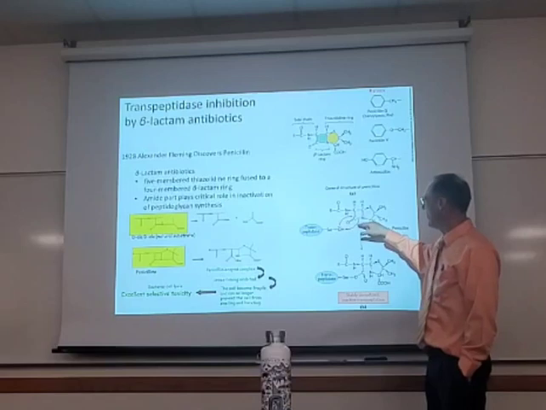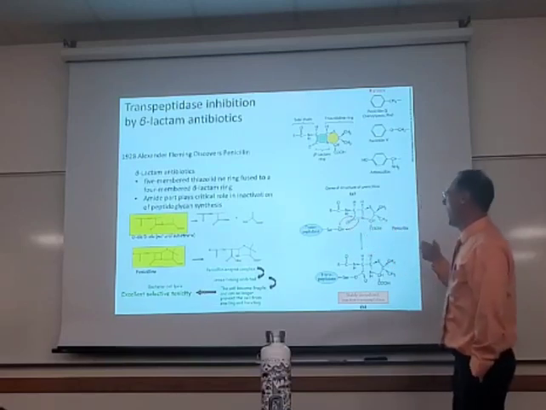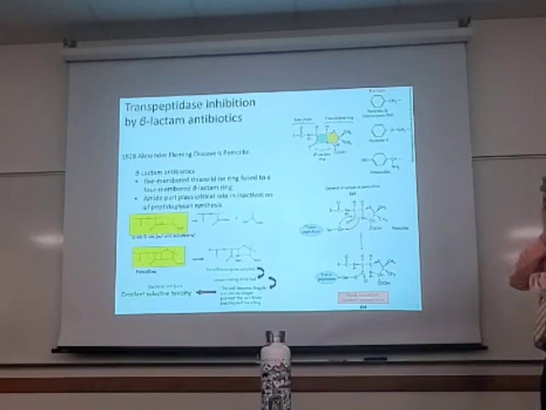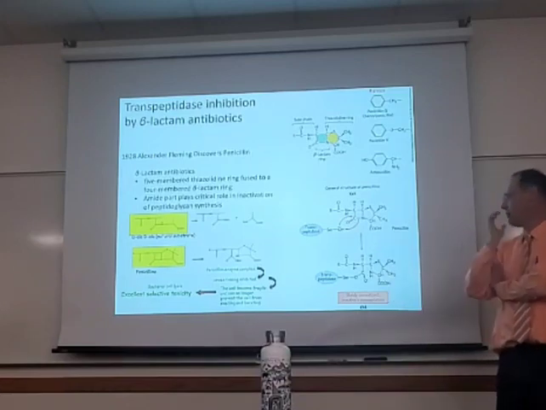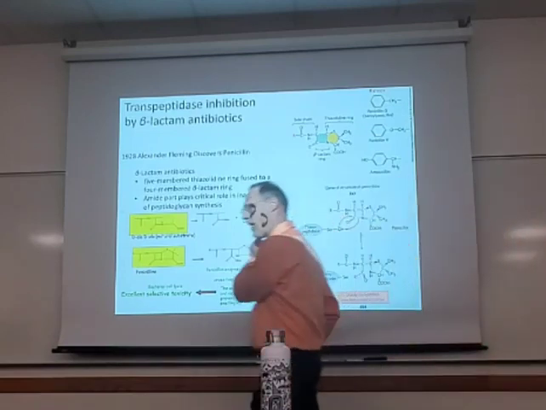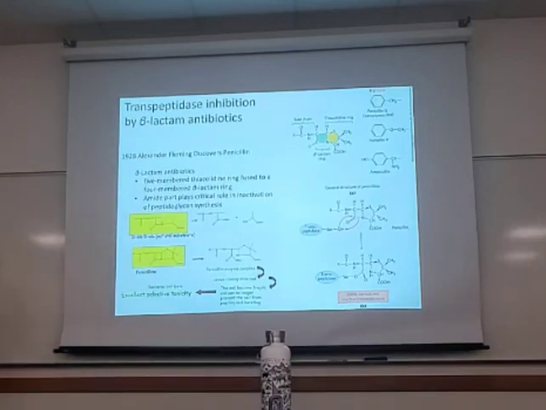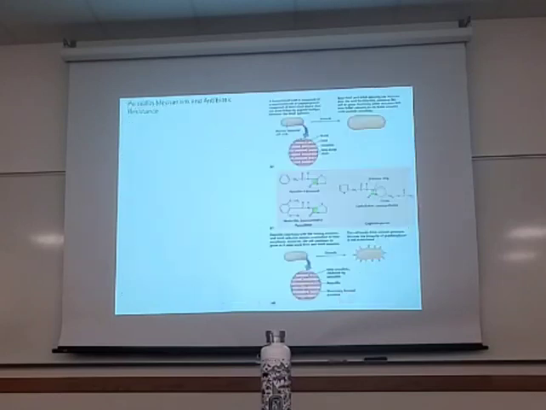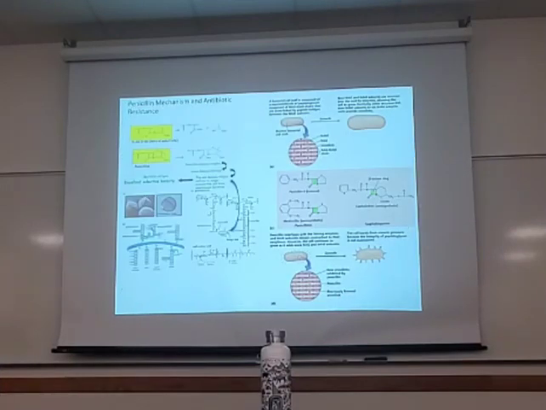Abstract the proton, come in here, and I can't get it off. Nice. Dead end intermediate. Beautiful. That is not antibiotic resistance. That's what Fleming discovered. He didn't know what he discovered, but that's what he did.